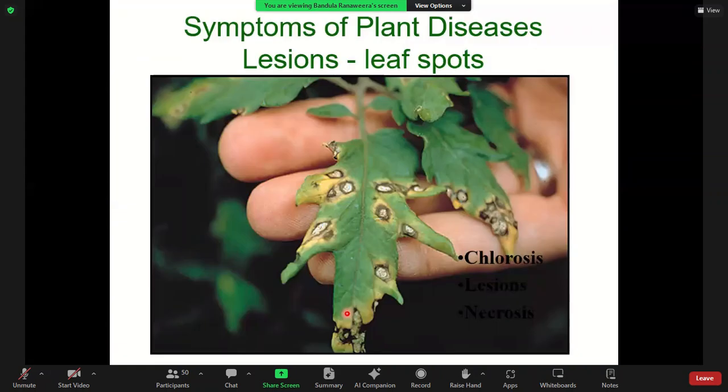And the expression of disease by plants is named as symptoms of plant diseases. So there are different types of symptoms of plant diseases, like lesions. That means the leaf spots, patches on the plants. Now when the normal green color is lost and changed into yellow color, brown color, the reduction of green color due to the reduction of chlorophyll content is named as chlorosis.